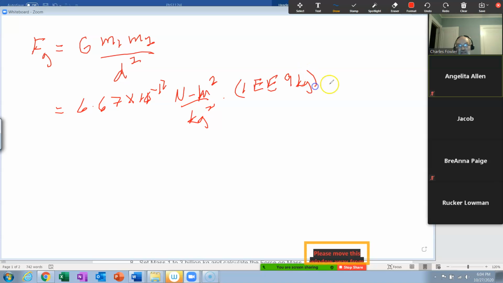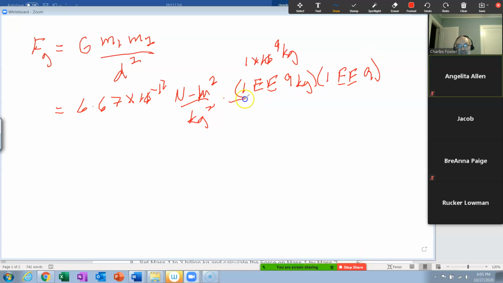That's your mass 1. The second mass was also that much, so that's your 1 EE. Actually, I should be writing that as 1 times 10 to the ninth kilograms. That's what a billion kilograms is. But I'm writing it this way because that's how you're going to enter it on your calculator.